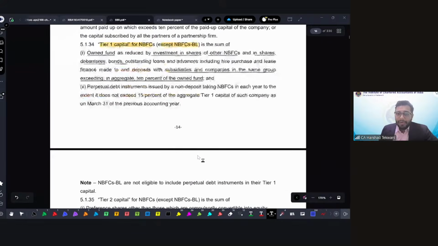You take the own funds and you reduce investment in shares of other NBFCs and in shares, debentures, bonds, and everything within the same group, exceeding 10% of own funds.